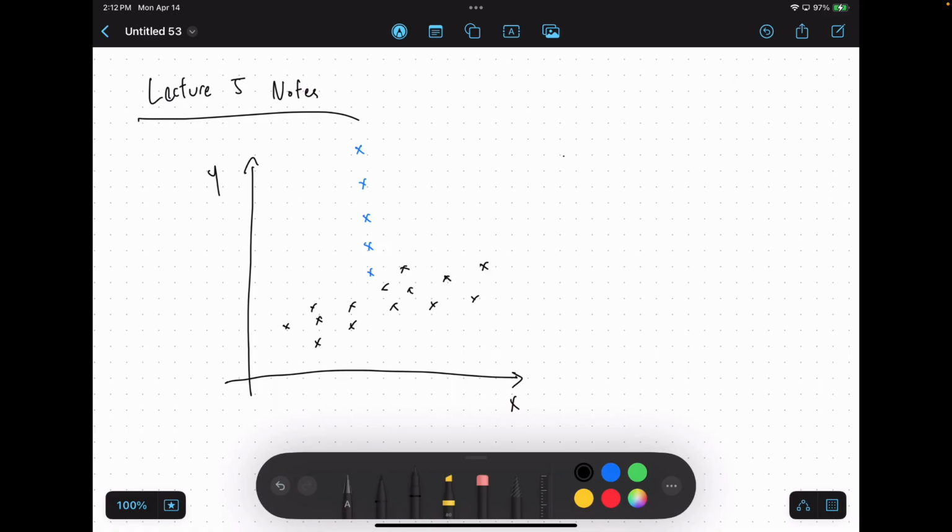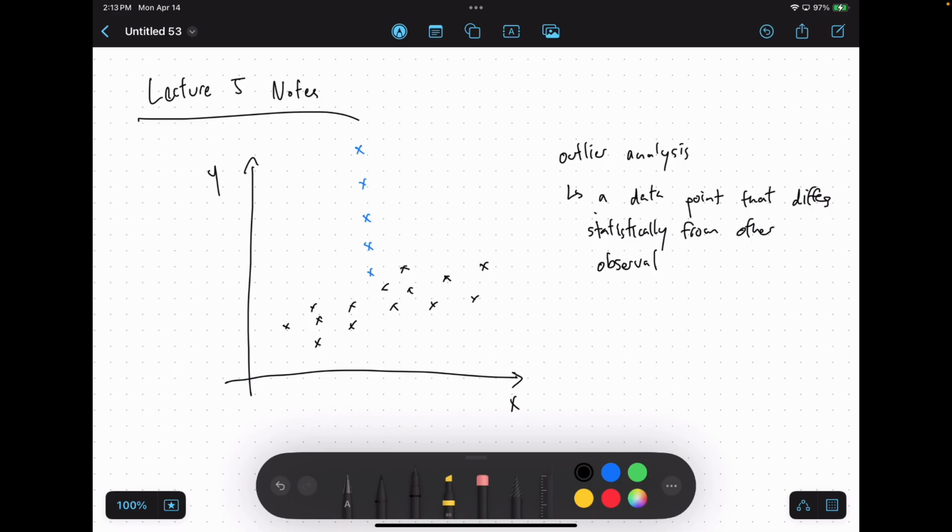So, outlier analysis. This is a data point that differs statistically from other observations.